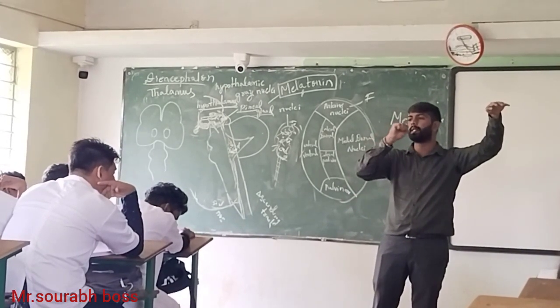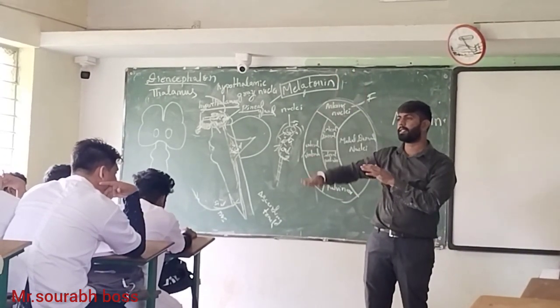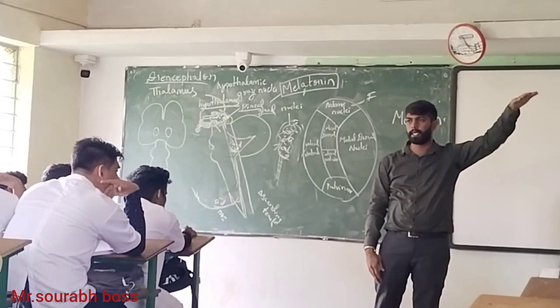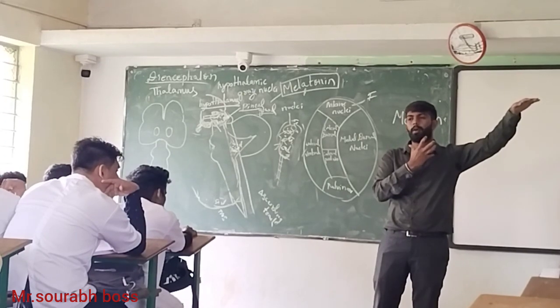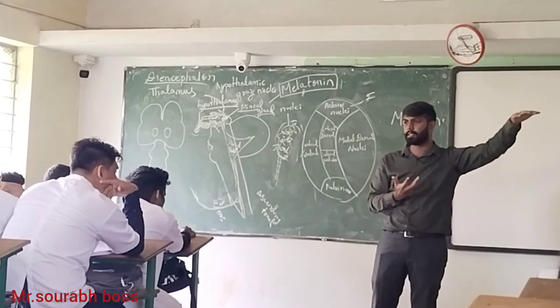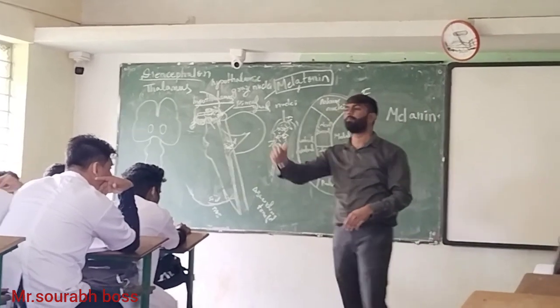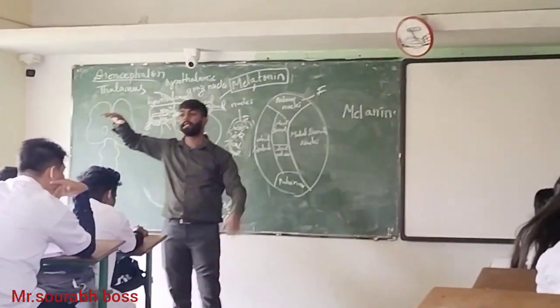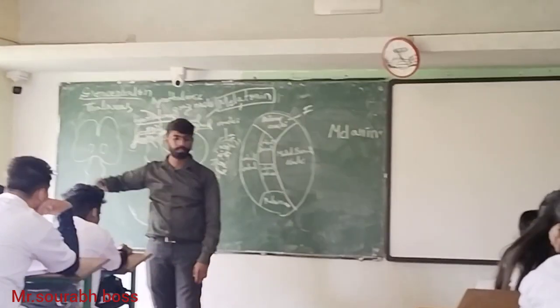Because of the thirst, we will drink water. Okay, there is an increase in osmotic pressure. So hypothalamus, what does it do? It makes us thirsty. Because of the thirst, we will drink water. Because we drink water, the increase in the osmotic pressure will be decreased.